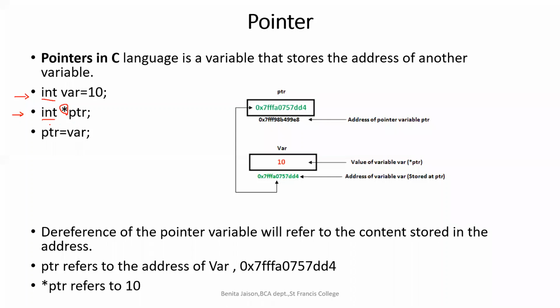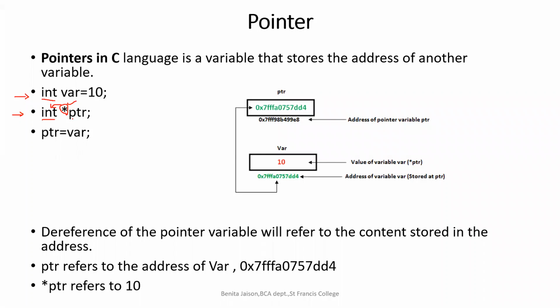It is an integer variable, but between integer and the variable name, I am giving an asterisk symbol. This indicates that we are declaring a pointer variable of data type integer. Understood?